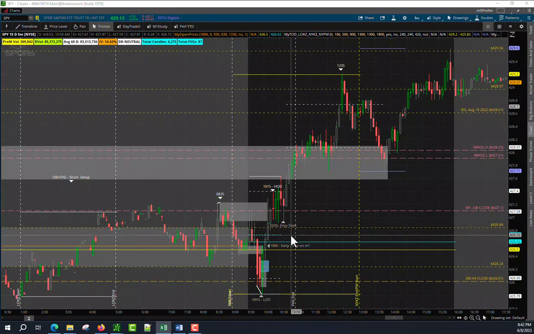So that's the armor right there. So what if right here it keeps going down? What tells us that it will not go down?